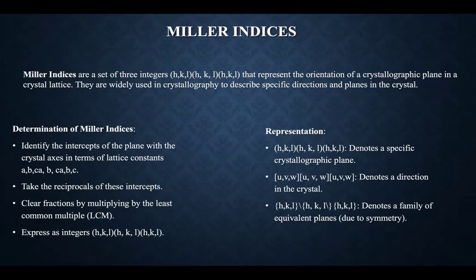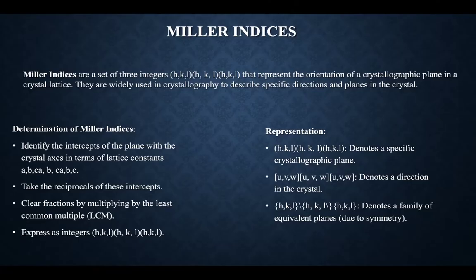It's a notation system used in crystallography to describe the orientation of a plane or set of parallel planes of atoms in a crystal. Miller indices are used to uniquely identify a plane or surface and to understand phenomena in material science.